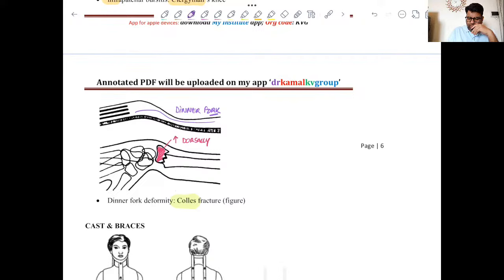Clear? This is seen in Colles. There is one garden spade deformity that you have to remember for Smith. Clear? So garden spade is in Smith fracture, which is reverse Colles. Clear? So remember at least this much.